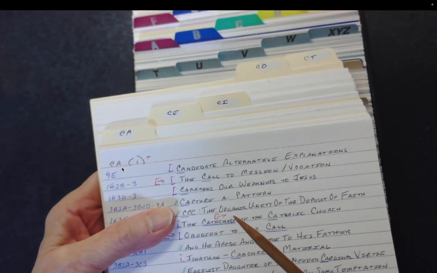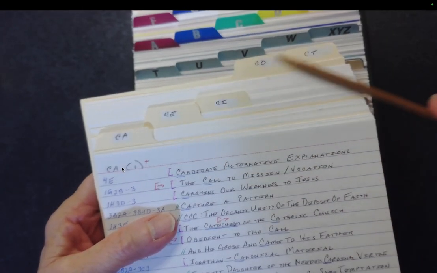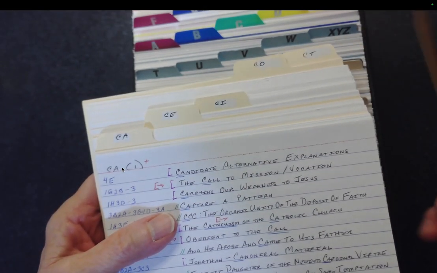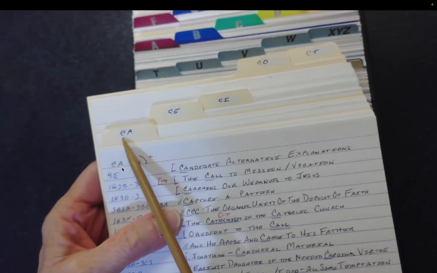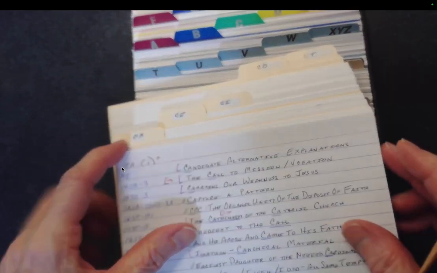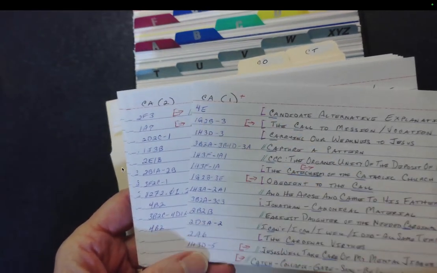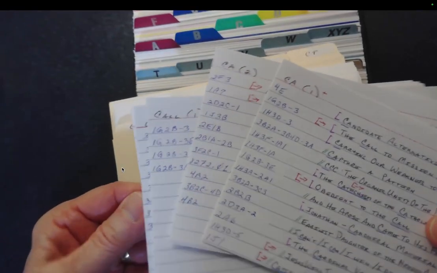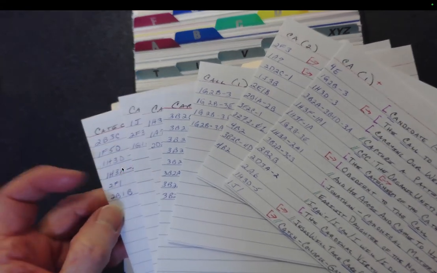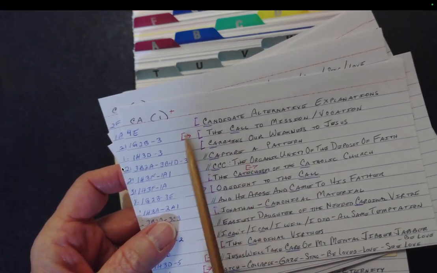I did that already for my letter C's, and so I broke it up into different sections so that I wouldn't have to dig through so many cards when I'm looking for a word that starts with the letter C. For example, this first section would have C, A, B, C, D. So just clumps of the alphabet are there. But still, I have my general letters, or the words that start with CA, and then I have my particular cards that start with CA, when a given word has been promoted by virtue of having appeared on these cards 3 or more times.